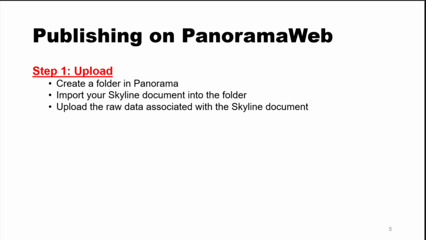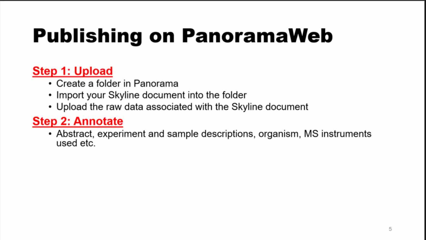Then you would import the document, and I'll show you in a little bit how we can do that, into the folder. And then you can also associate all of your raw data and upload it in there too, because in step 4, you can get a ProteomeXchange ID for your raw data, which we also need to share our data for publishing in mass spectrometry. So it's kind of a one-stop shop for getting all of your data sharing requirements.